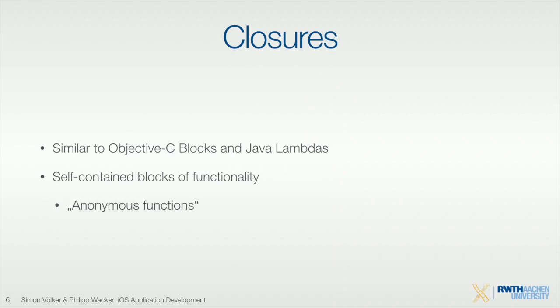But like I said, they are self-contained sets of code. And you've actually seen closures already, because the functions that we use in classes and everywhere around are actually a specific kind of closure, a closure that has a name. And the closures, usually when you refer to that, are unnamed functions or anonymous functions that don't have a name.